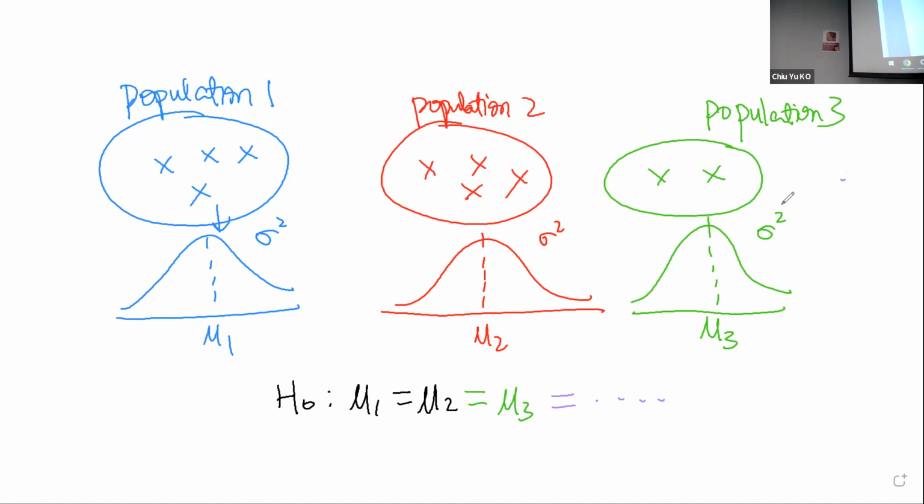So say, for example, if you're a sales manager, you want to see if different countries have different sales. Or if you're in Hong Kong, you want to see if the sales of a certain store are the same. The easiest example you can think of is whether Hong Kong Island, Kowloon Peninsula, and New Territories have the same mean.